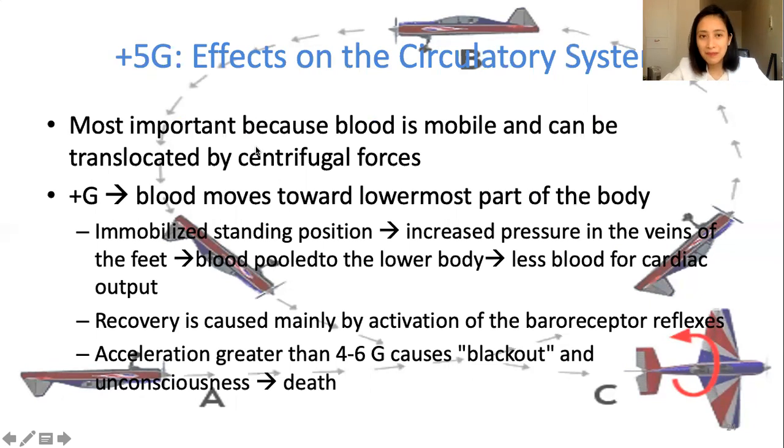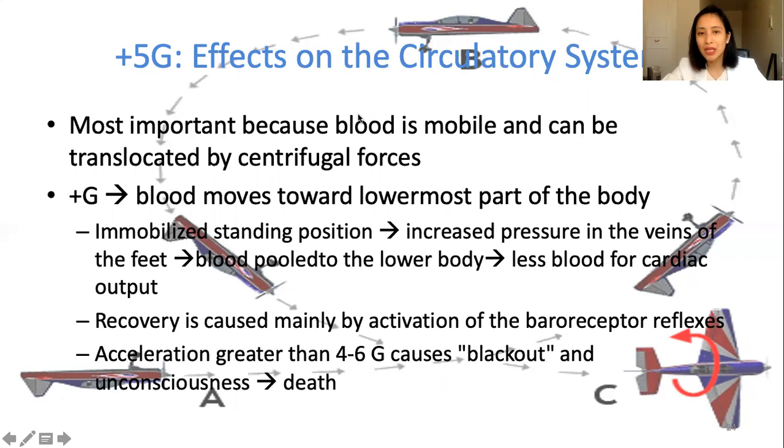And similarly, this positive 5G acceleratory force has a similar effect on your circulatory system. This is important because it has an impact on the blood, because the blood is mobile and can be translocated by your centrifugal force.